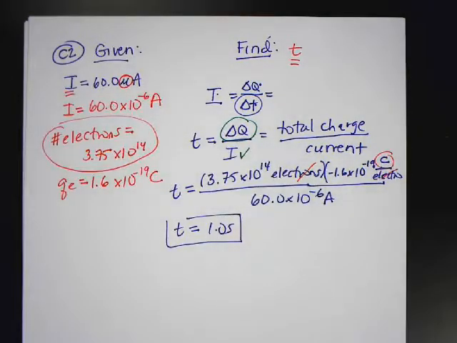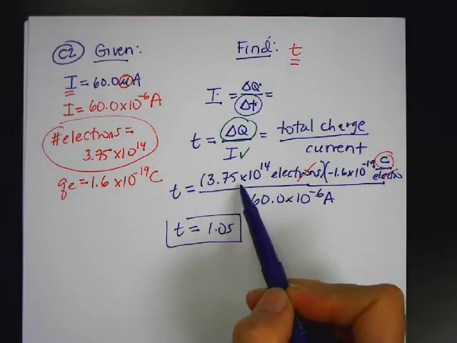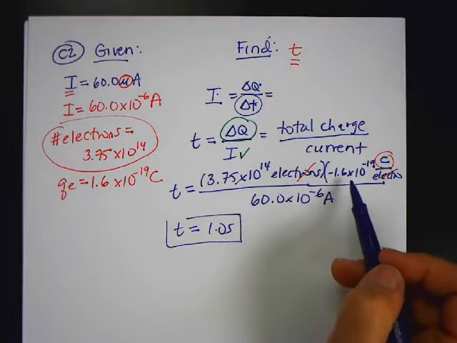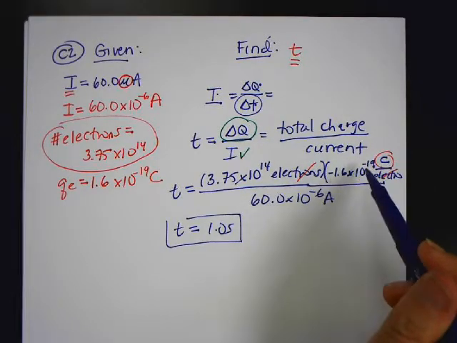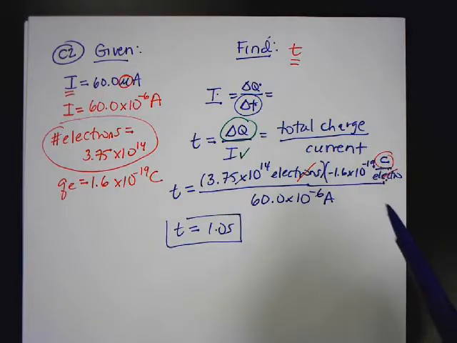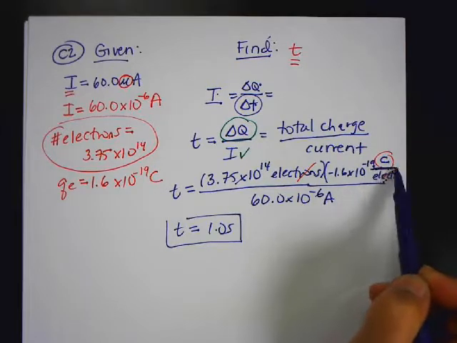So the point of this is when you're reading a question, you don't give up and say, why did they give me the number of electrons? If I have 3.75 times 10 to the 14 electrons, and I know the charge on an electron is 1.6 times 10 to the negative 19 coulombs per electron, that's why we learned in the beginning of the year to write it like this.